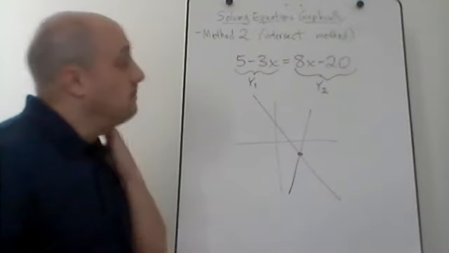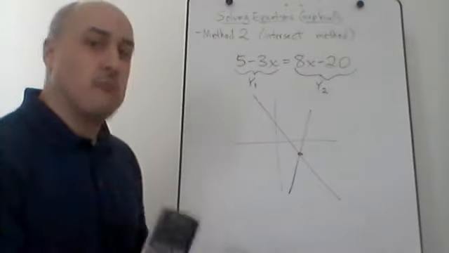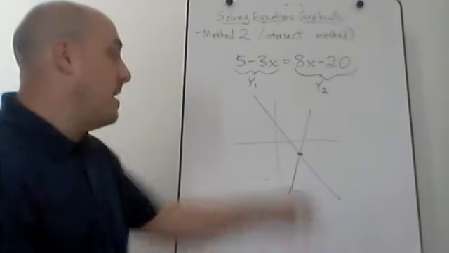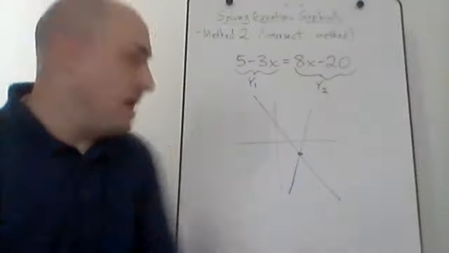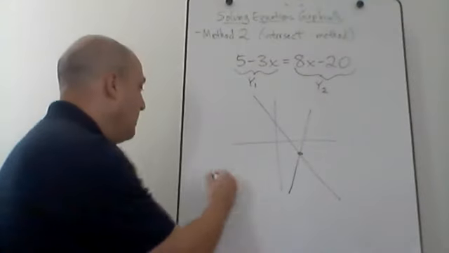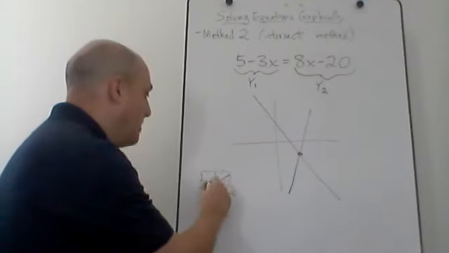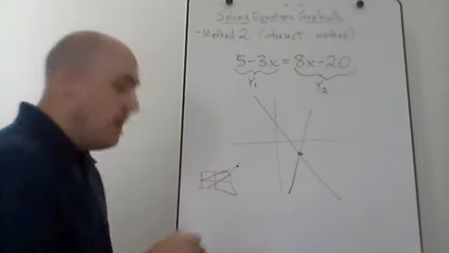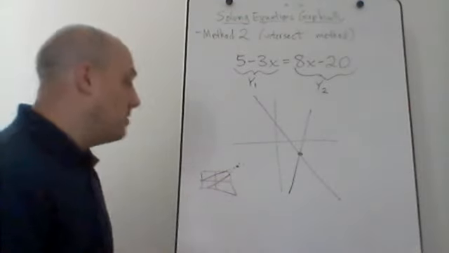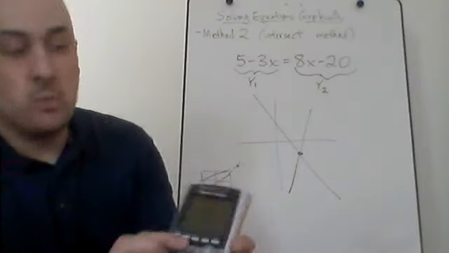An important thing when you are using your calculator or another graphing tool to solve by intersecting is that you have to be able to see that intersection point on the screen. As a side note, if you graph the two equations and one of them is a line going like this and the other one is a line going like that, and they don't quite meet up, but you can see that if they keep going they're going to intersect eventually, but you don't see that intersection point on your screen, you have to change the window of the screen using this window button up here.